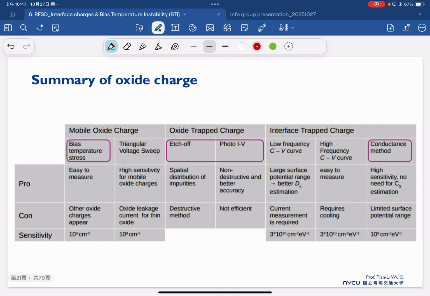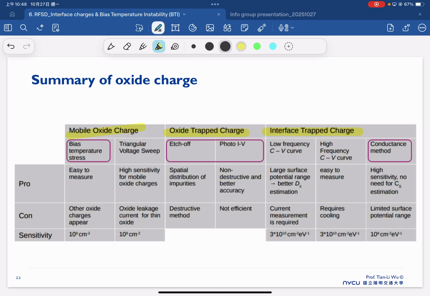So if we talk about the summary of the oxide charge here, it can be considered in different categories: mobile oxide charge, oxide trapping charge, and interfacial trapping charge.